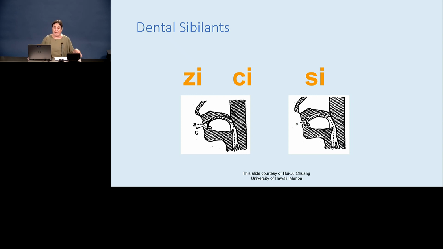We'll notice it changes quite a bit depending on what final comes after it. So the S sound is very much conditioned by the final that it precedes. Okay? So one more time with these dental sibilant sounds, we have z, s, and s.